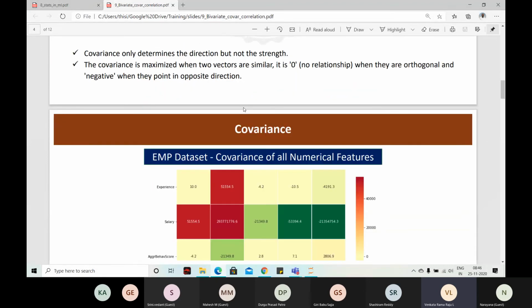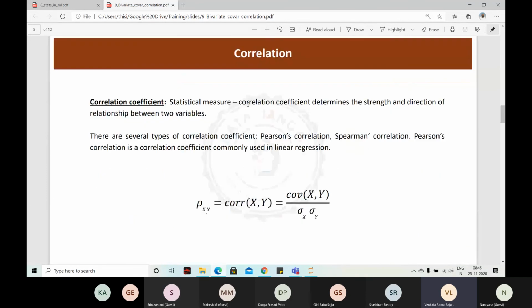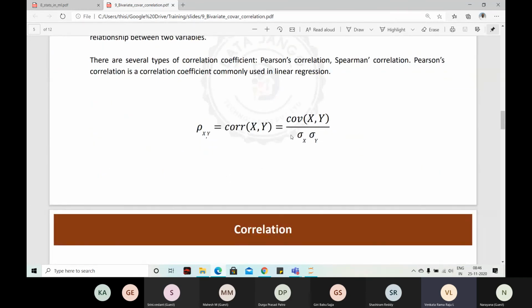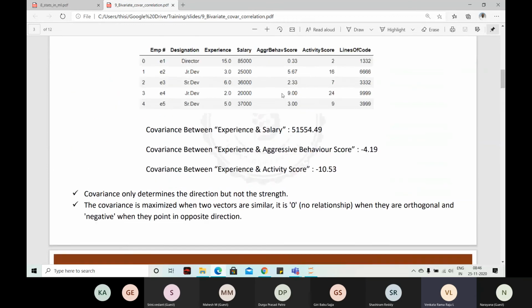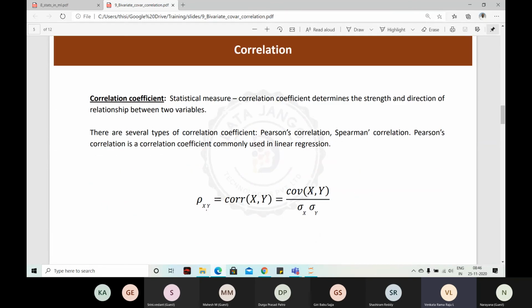If you do the normalization using standard deviation, that is called correlation. After subtracting the mean from each of the x, we are dividing with the standard deviation and summing it. When you do normalization, the correlation coefficient comes between -1 and +1.